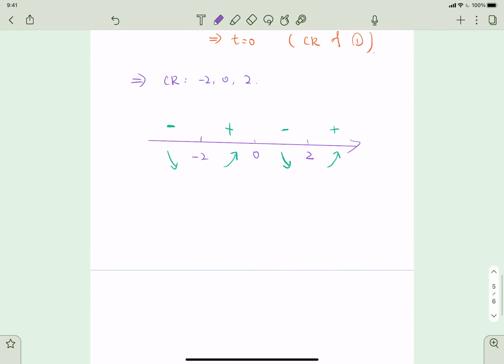increasing intervals are from negative 2 to 0 and 2 to positive infinity, and the decreasing intervals are from negative infinity to negative 2 and from 0 to 2.